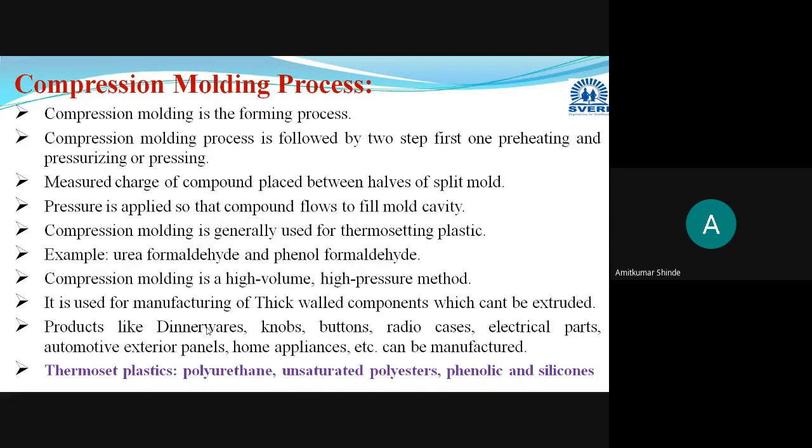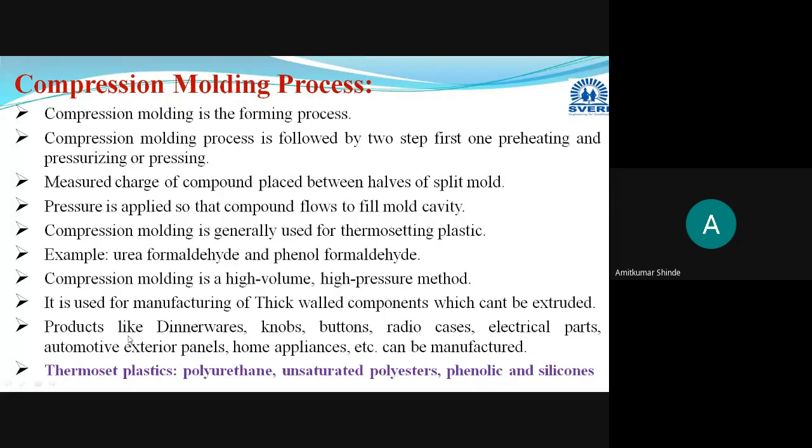Then some examples I have highlighted here: commonly used thermoset plastic materials on which we are going to perform this compression molding process. Generally used thermosetting materials will be polyurethane, unsaturated polyesters, then phenolics. Already I have explained this. And silicone materials will be there.